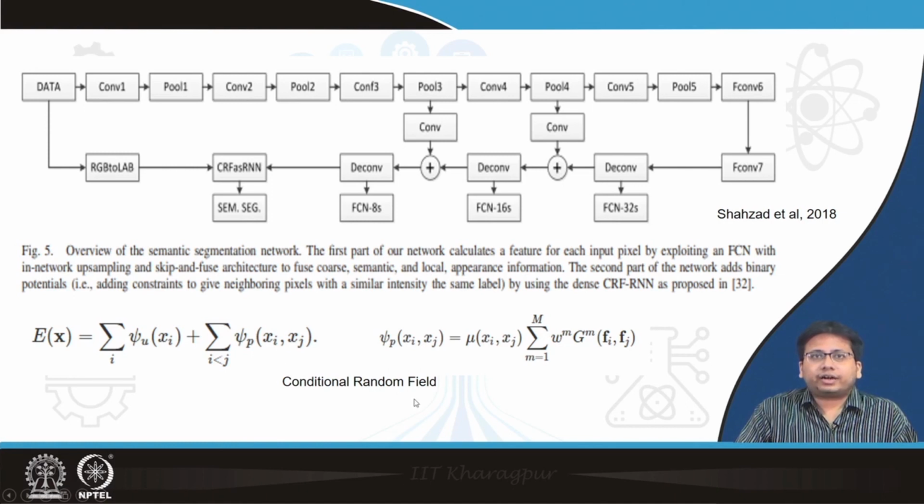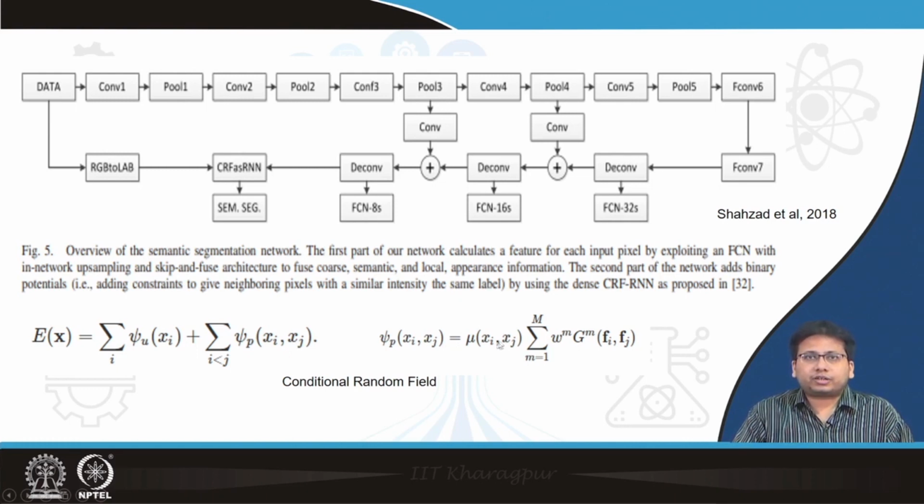A conditional random field is also a graphical model, similar to a Markov random field, which is used to represent a joint distribution. Like a Markov random field, the conditional random field also has potential functions. These are the pixel wise potential functions, and these are the potential functions on pairs of adjacent pixels.